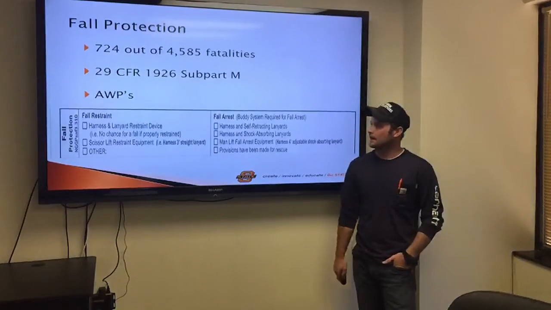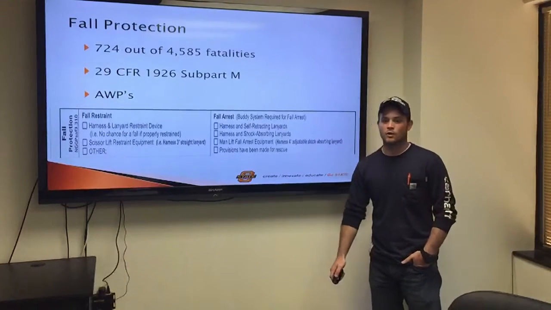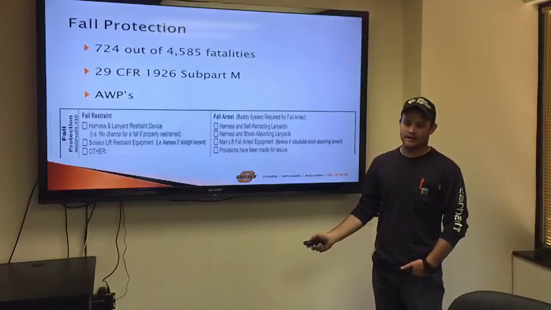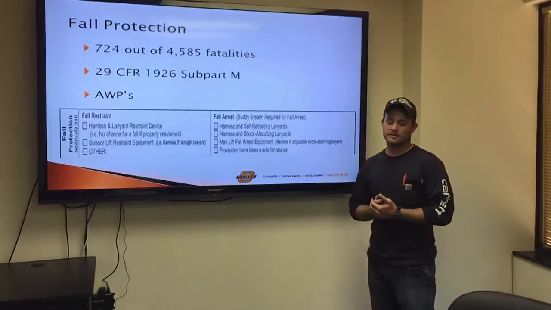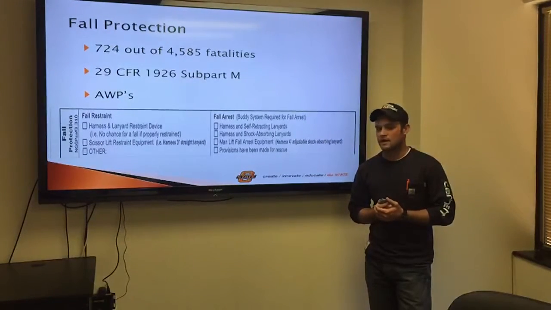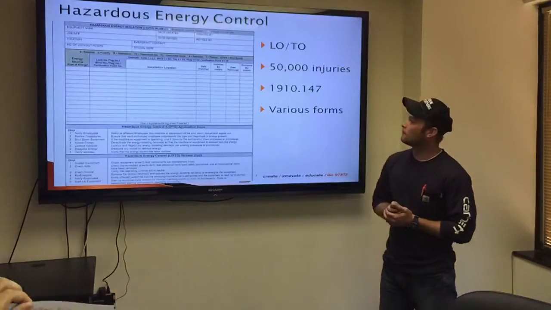Basically, what's not listed on here is the inspection of AWPs or aerial work platforms. Other than that, you've got to have a list of restraint devices, which need to be inspected by the permit issuer as well before work begins.